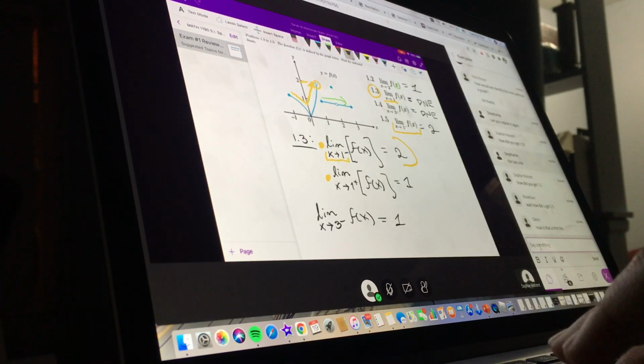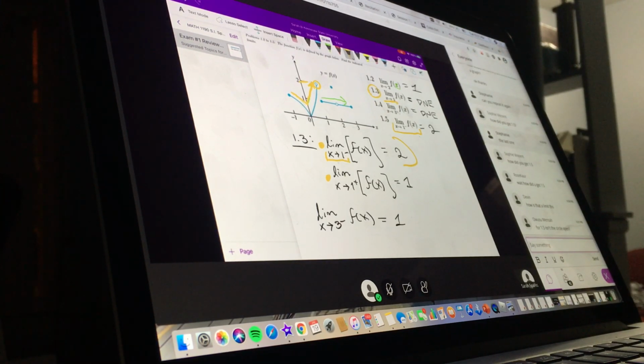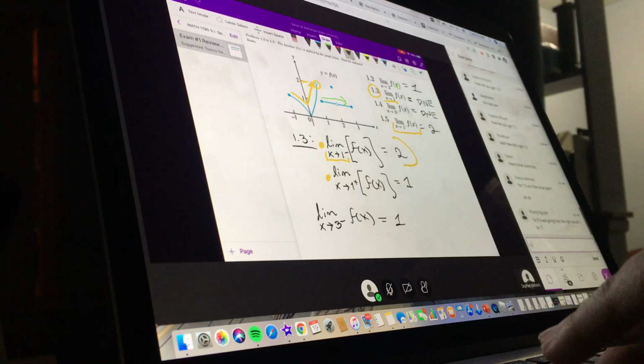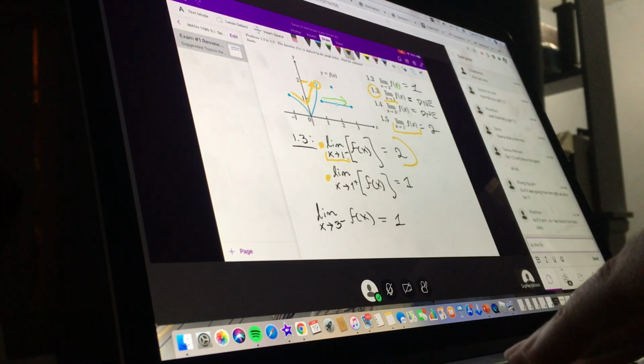So should I not pay attention to that little filled in dot right below it? Whether it's filled in or not doesn't matter. It's wherever the function is moving towards. It doesn't matter if the hole is there in the function or if it's filled in. Okay, even if there's two dots? Yes. Okay, gotcha. Thank you.